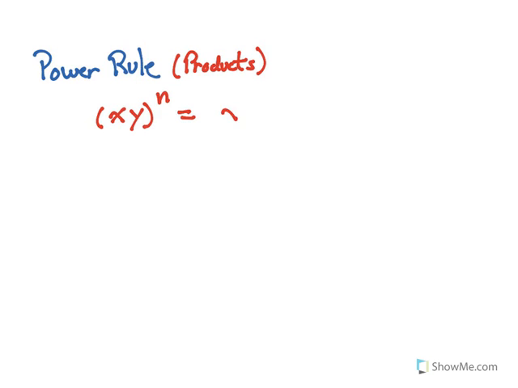That's equivalent to x to the n power, y to the n. You raise everything in the parentheses to that same power. So if you have xy raised to the 4th power, then that's equivalent to x to the 4th times y to the 4th. Just another way of rewriting it.